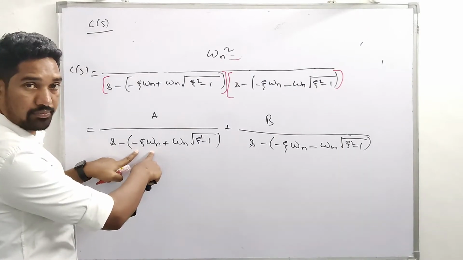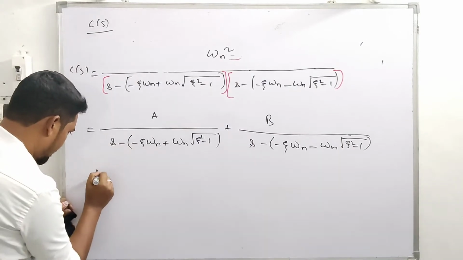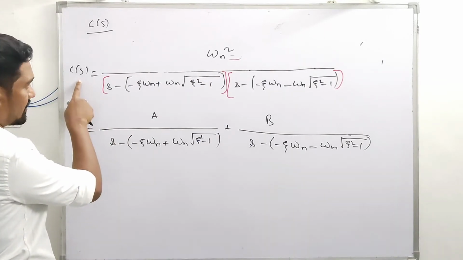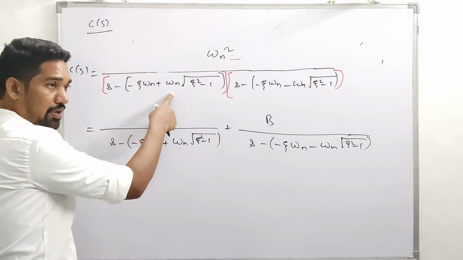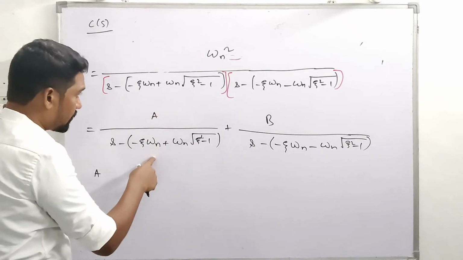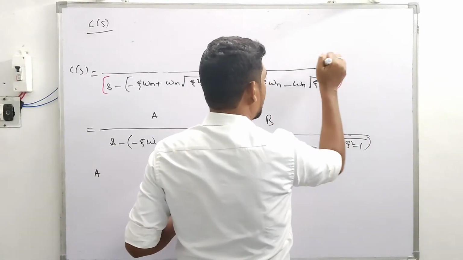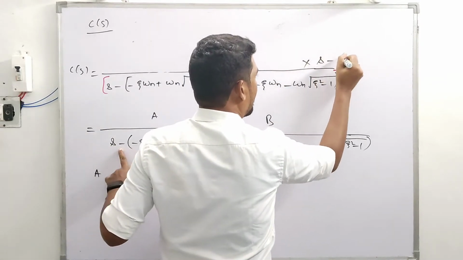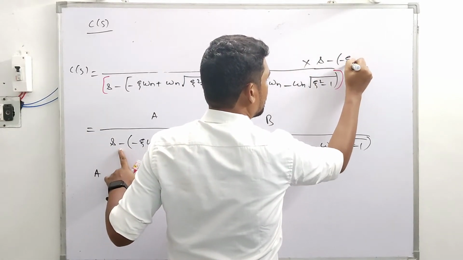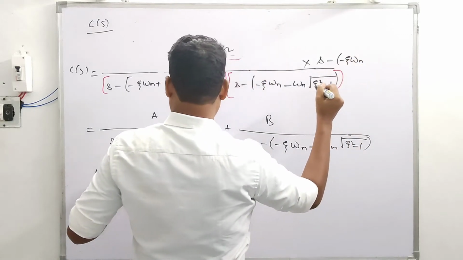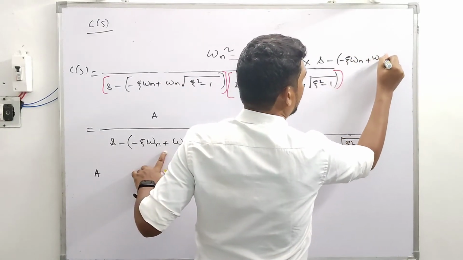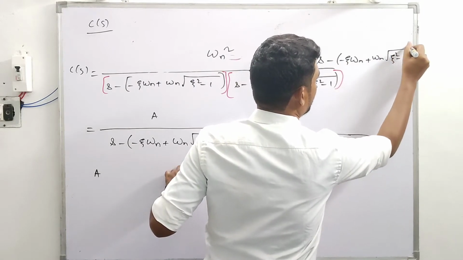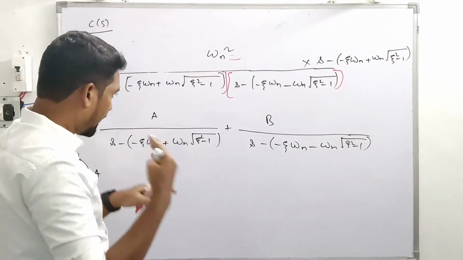To evaluate A, while we try to evaluate A, C of s, which is this expression, is multiplied with the A residue, this one, s minus of minus zeta omega n plus omega n into under root zeta square minus 1, multiplied with that one.